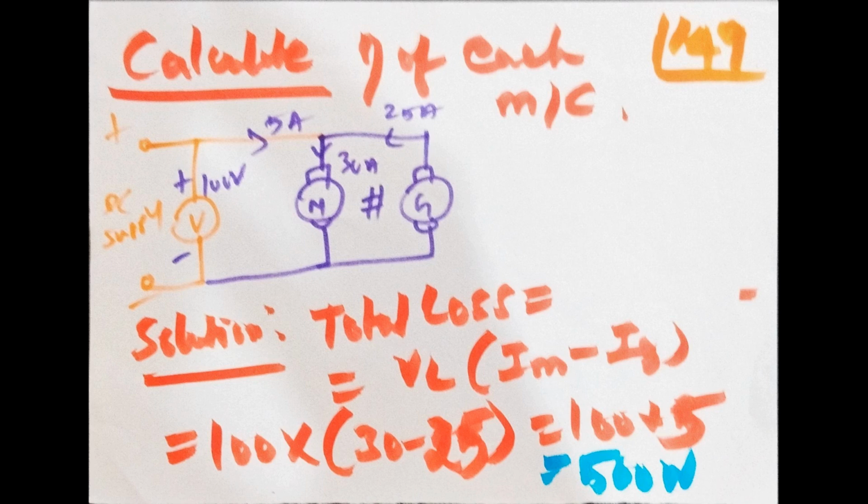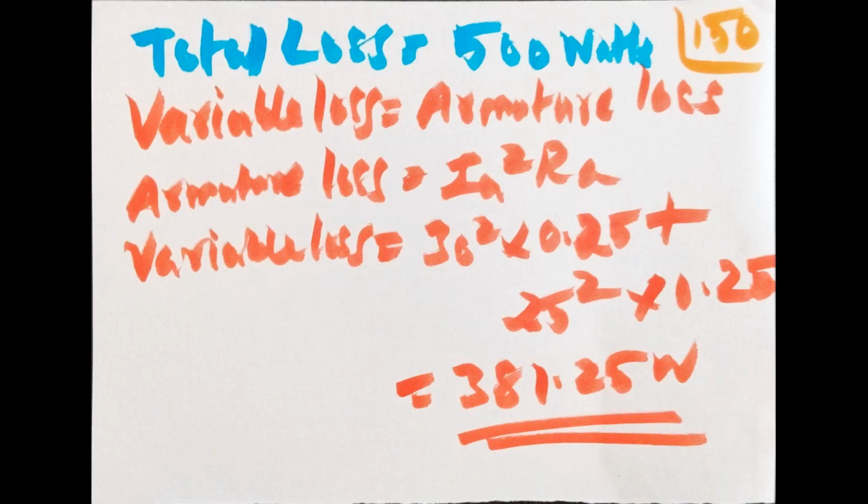So 100 into (30 minus 25) is equal to 100 into 5, that is 500 watts. Total loss is 500 watts. Variable loss is the armature loss. Armature loss is equal to IA² RA. Variable loss is IA² RA plus IG² RAG, that is 30² into 0.25 plus 25² into 0.25.